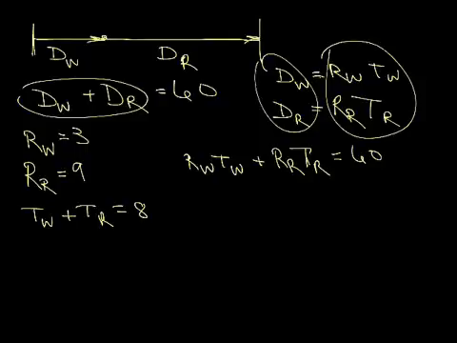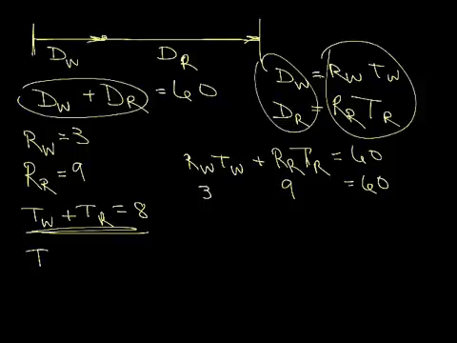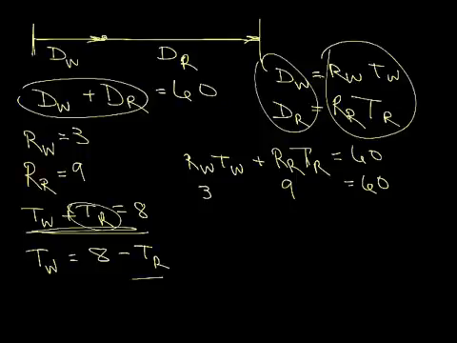Alright, so let's start plugging some things in. I've got a 3 for that. I've got a 9 for that. And I still have a 60 here, but what about my time for walking and riding? Well, I can take that and set that up for one of the variables. I can say that TW equals 8 minus TR, right? Subtract that from both sides and set it equal to TW, which means whenever I see a TW, I can put 8 minus TR in.